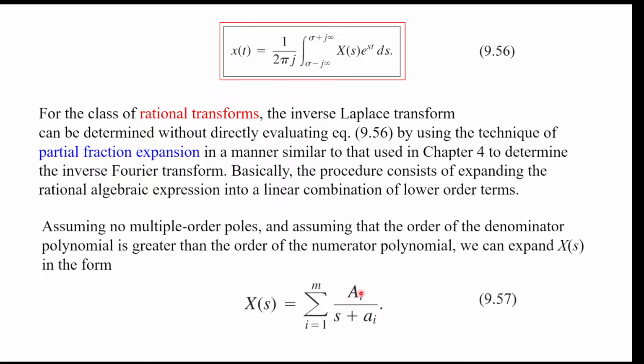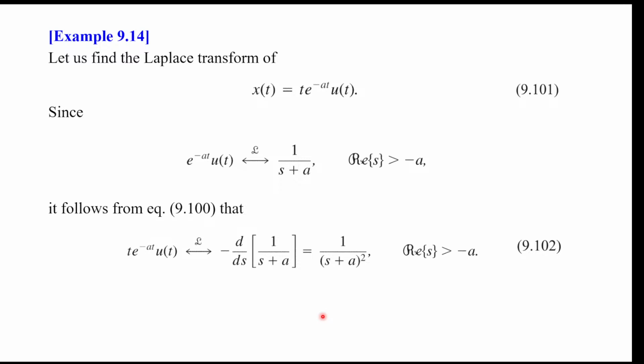But we gave an example of only first order partial fractions. And to derive the inverse Laplace transform of higher order fractions, we need to use this differentiation formula. We start with the differentiation formula for the right-sided signal.